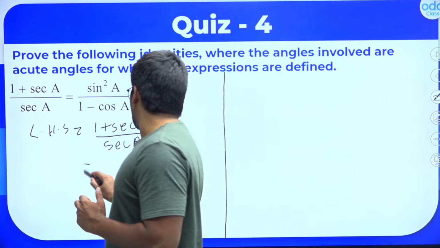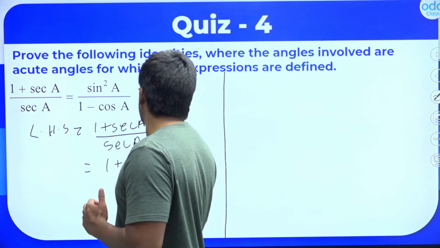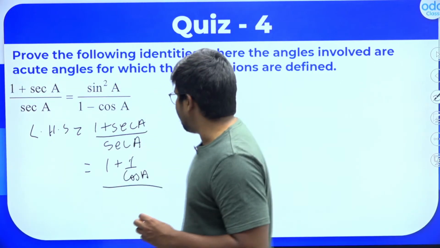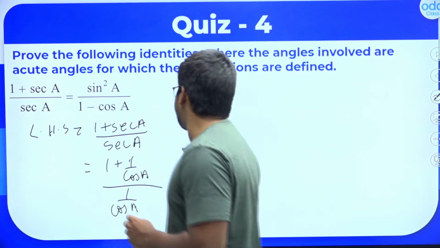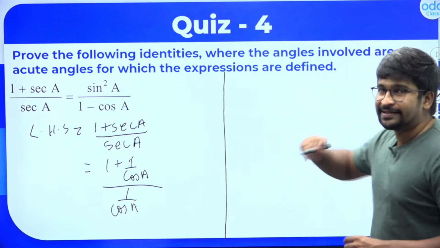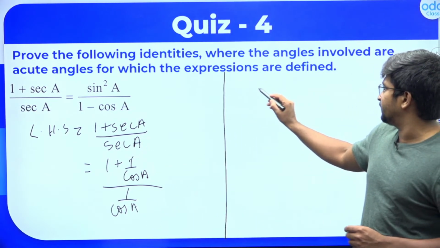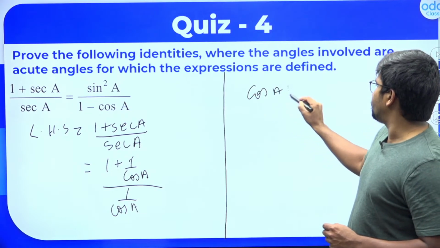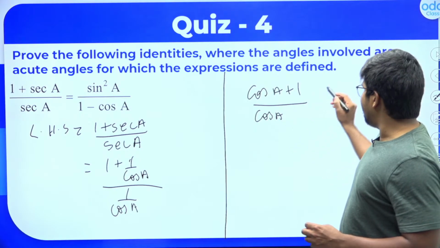So this is equal to 1 plus, sec a is 1 divided by cos a, right? So this is 1 plus 1 divided by cos a, whole divided by 1 by cos a. Now let's take the LCM and add it up further. So what is 1 plus 1 by cos a? Isn't it cos a plus 1 whole divided by cos a, divided by 1 by cos a.